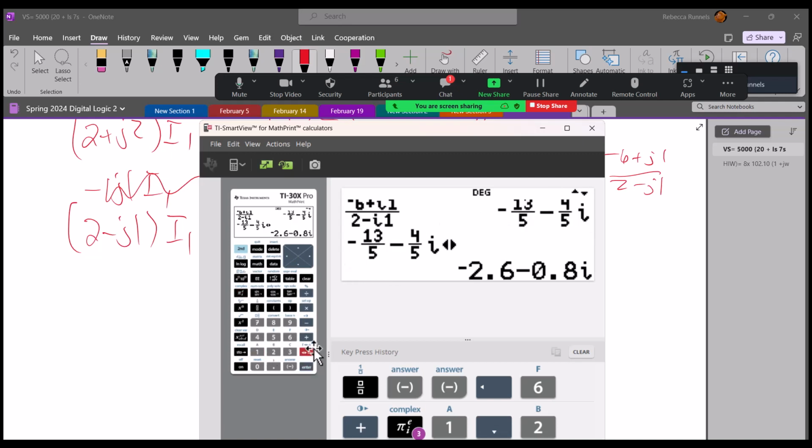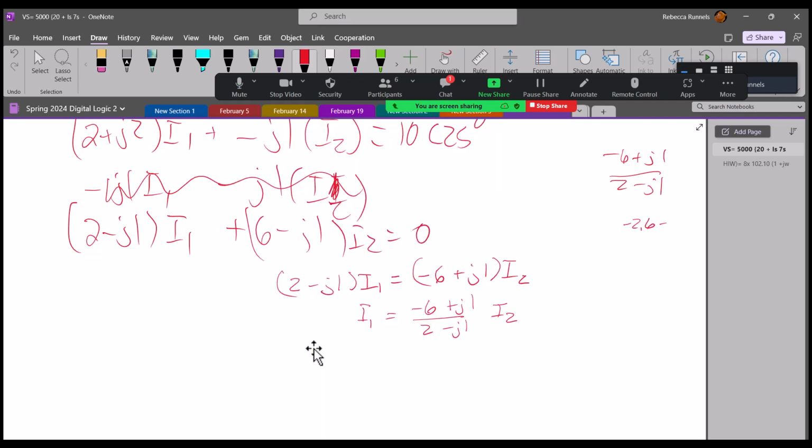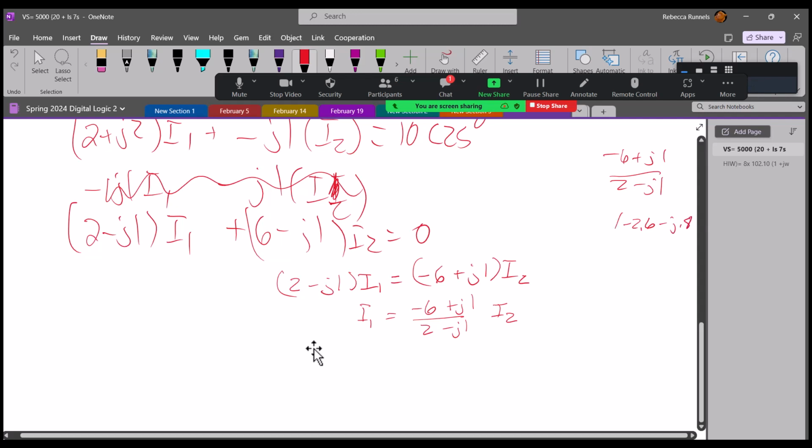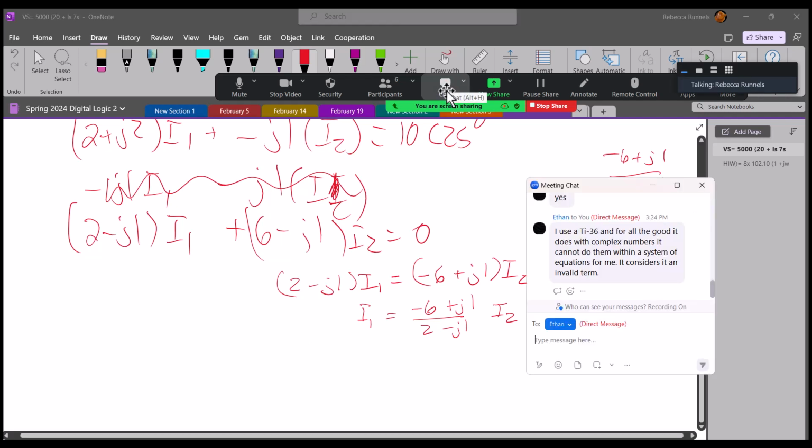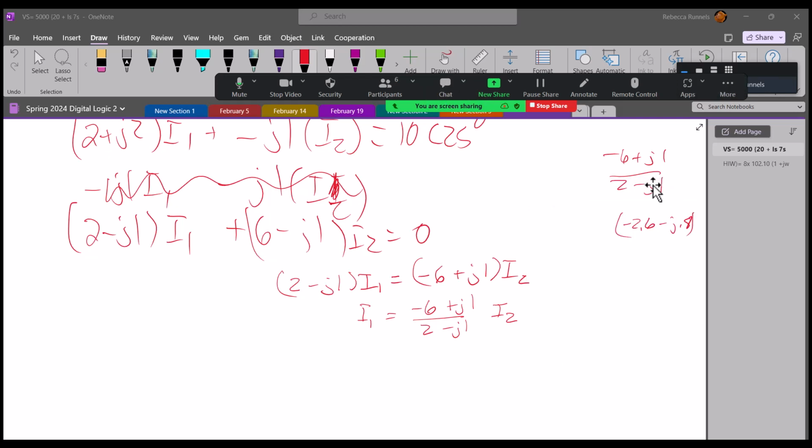And that is minus 2.6 minus j.8. Okay, and then the chat. Yeah, it won't solve them. No, the TI-36 will not solve a system of equations with complex numbers, which is why I'm working this one out by hand. But the TI Inspire CAS will, as will the TI-89 Titanium.